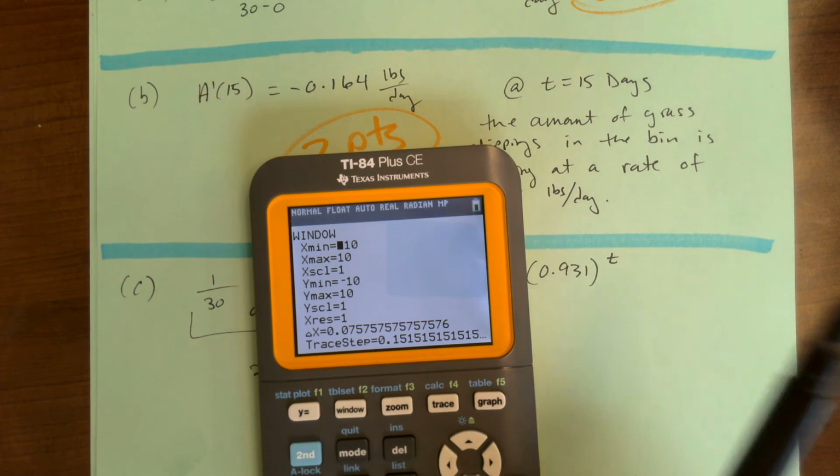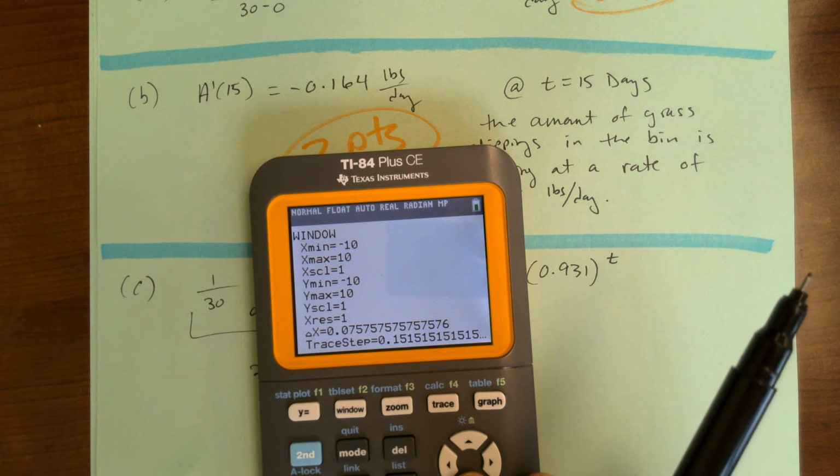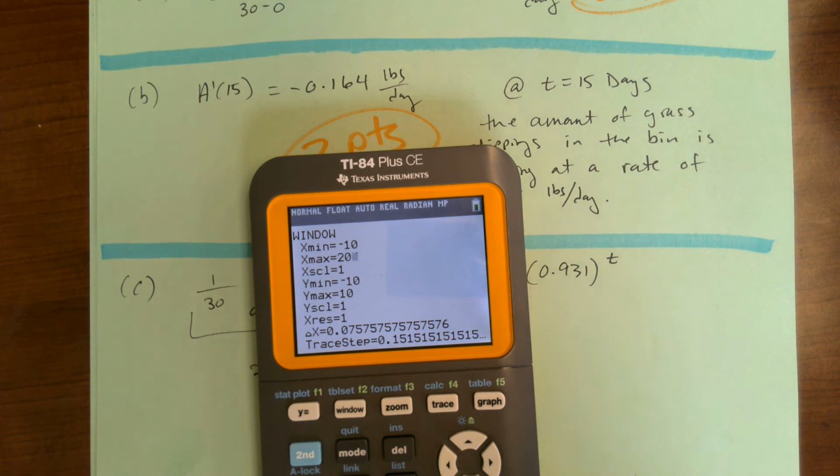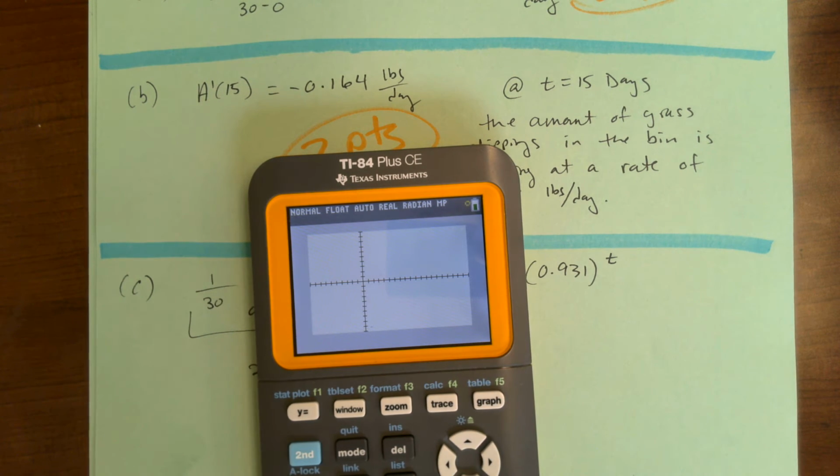So I go to Window. The rightmost x is the x max. I'll make it 20 or something. Now I need that intersection point.